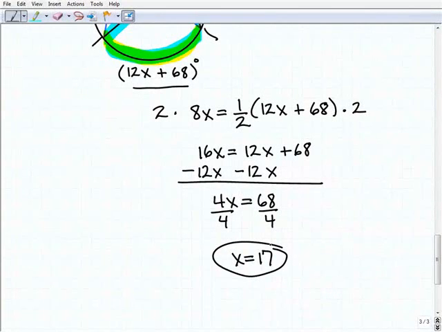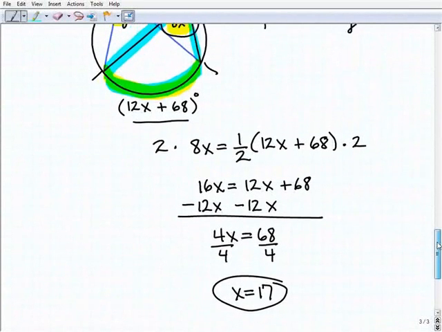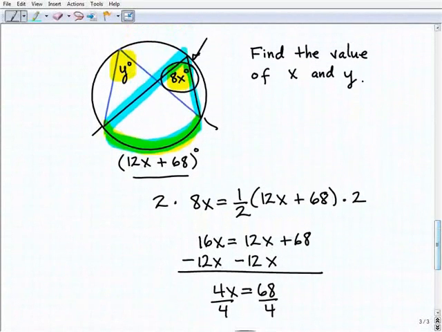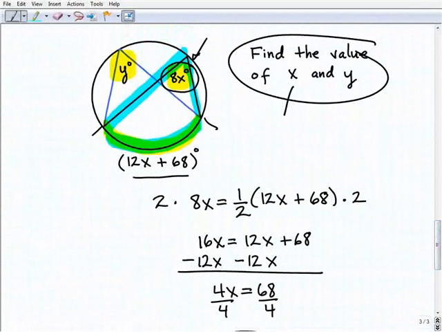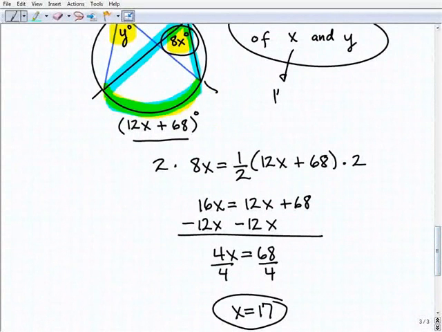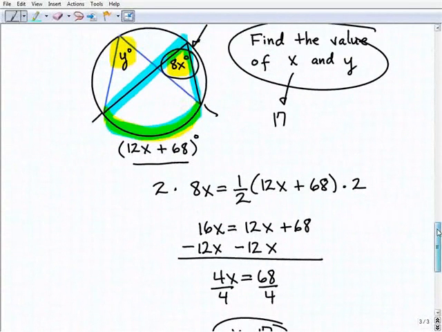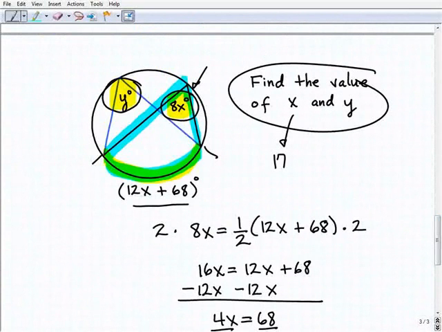All right, but am I done yet? You might say, okay, great, we solved the equation. No, let's go back and answer the question. It says find the value of x and y. So x is equal to 17, but y is going to be the same as the measure of this entire angle, which is 8x. So y is going to be equal to 8x.